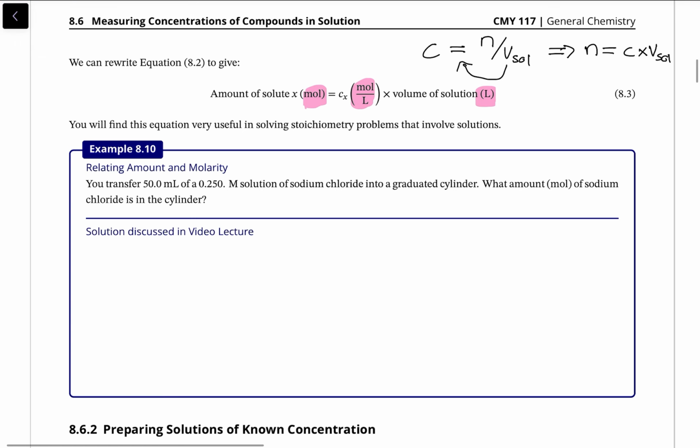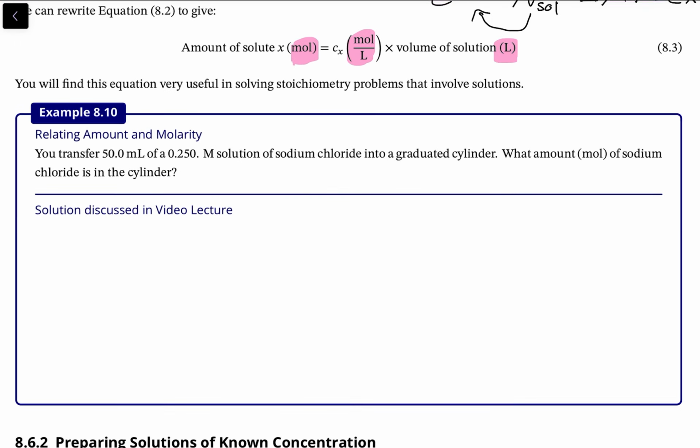So a very cute and short example regarding this is this example here. It says you transfer 50 milliliters of a specific concentration solution of sodium chloride into a graduated cylinder. What amount of sodium chloride is in the cylinder? So how many moles have you now transferred? Let's quickly draw it. You transfer 50.0 milliliters of a sodium chloride solution.